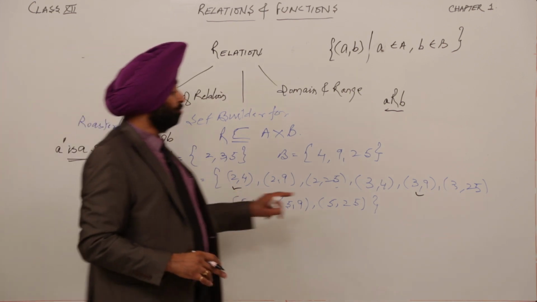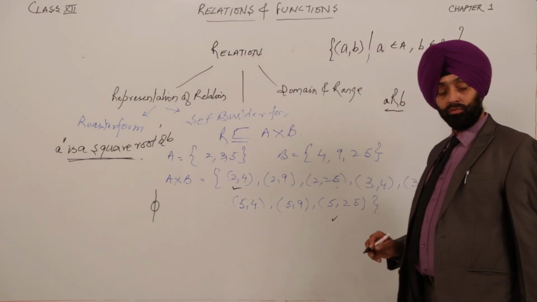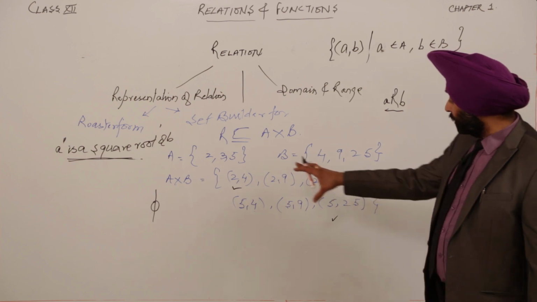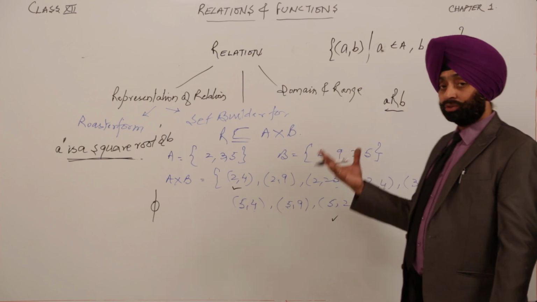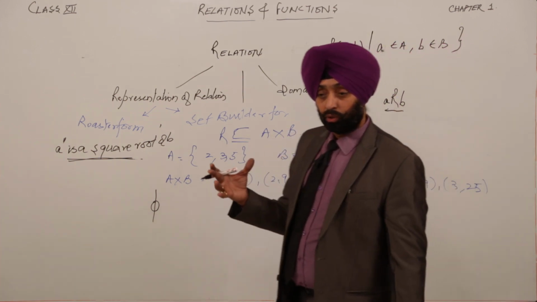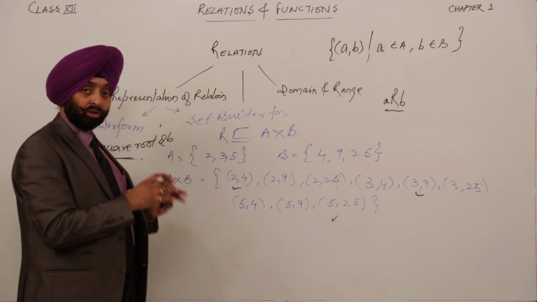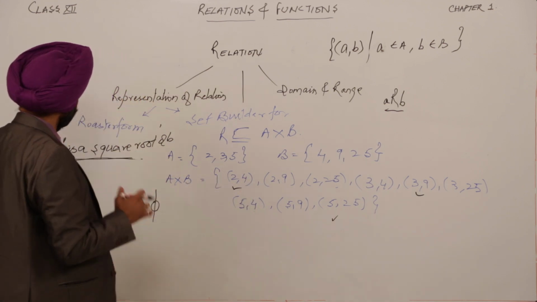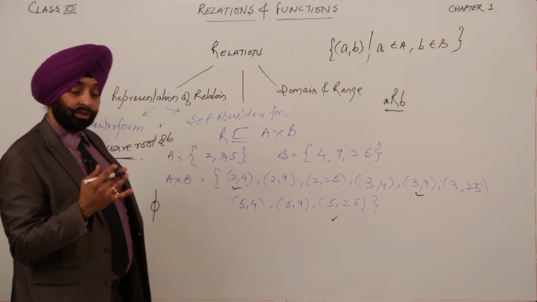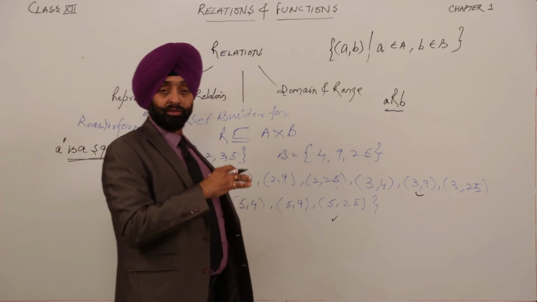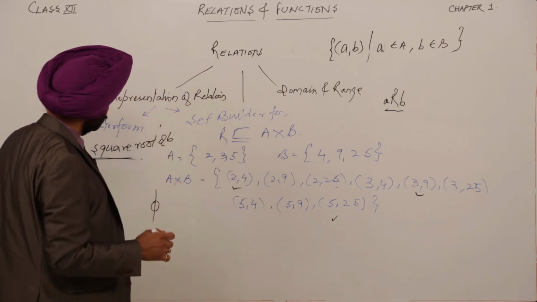What is B? B is 9. Similarly, we can go for (5, 25). So among all these ordered pairs, we selected these three according to our relation. How to represent this in the roster form and in the set builder form, I am going to tell you right now.